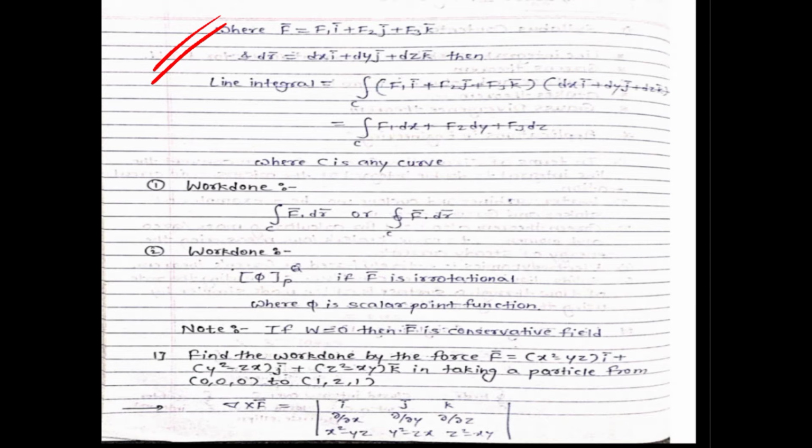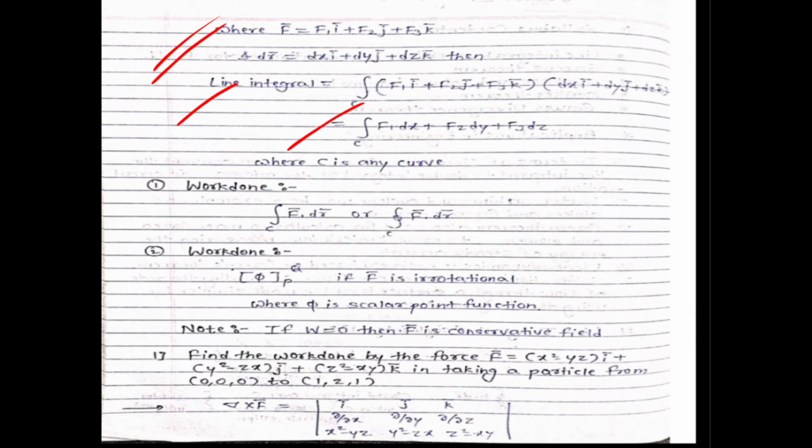These are the vectors which can be written in this form. Then the line integral, that is the multiplication of both f bar and dr bar, is given by integration over c of f1 dx plus f2 dy plus f3 dz.